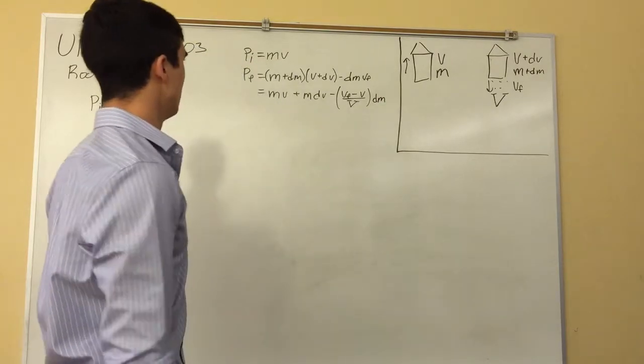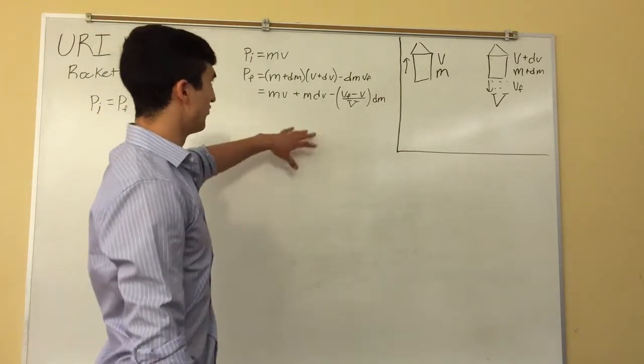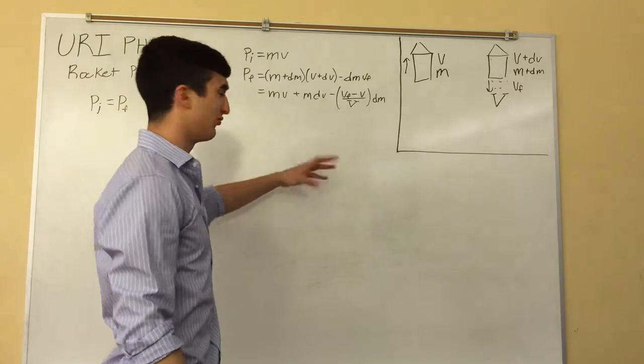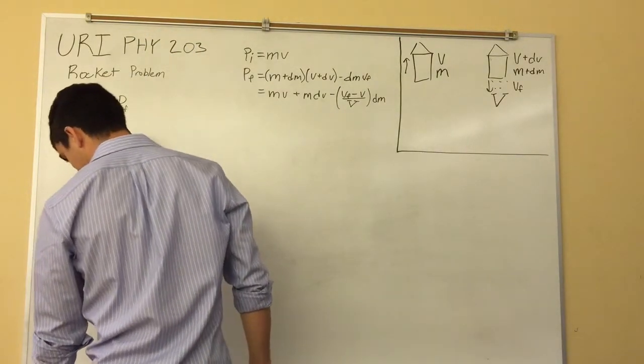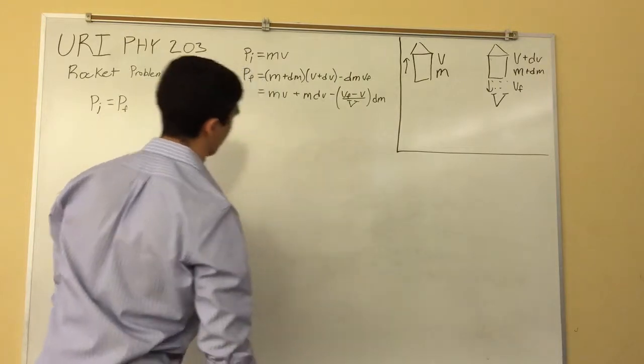Alright, so this is starting to look a little bit more like your momentum problem that you're used to looking at. So over here, we're going to do some backpedaling for a second.